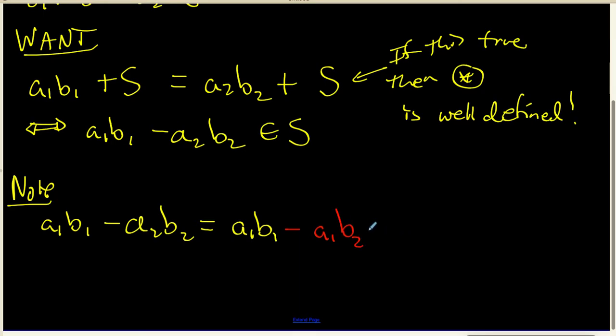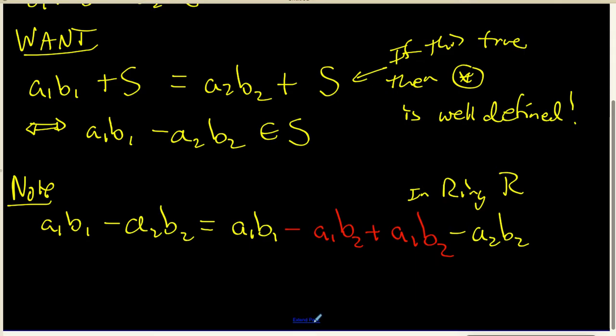But if I'm going to subtract that off, I have to add it right back so that I don't change anything. And then, of course, I've got the minus A2 B2 at the end of this. Now, this is an equation in the ring R, and the stuff in red is just the 0 in R, so we haven't changed anything.